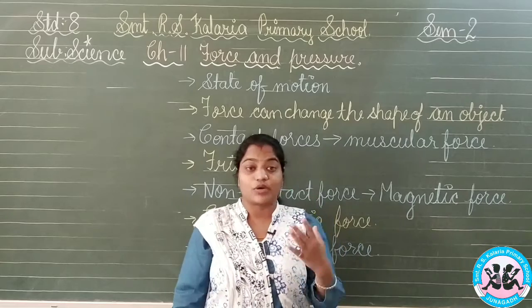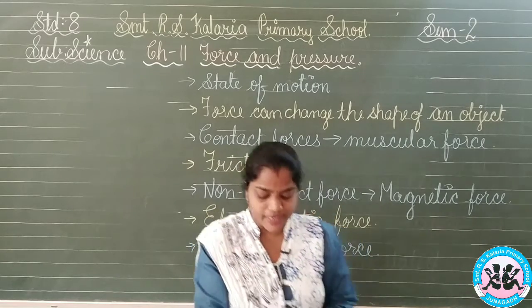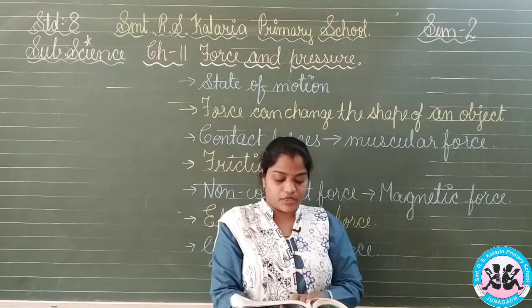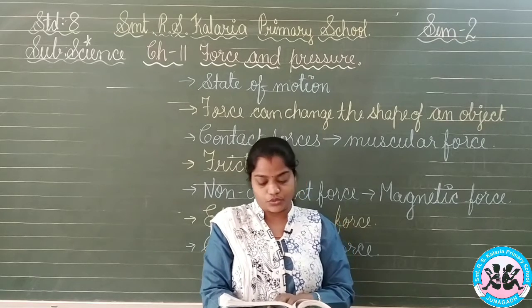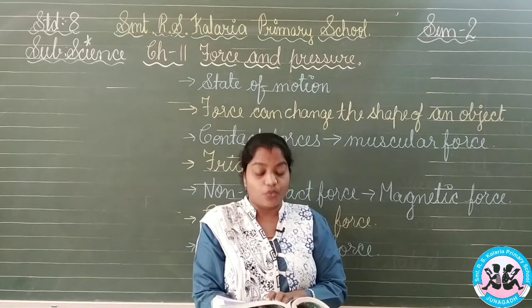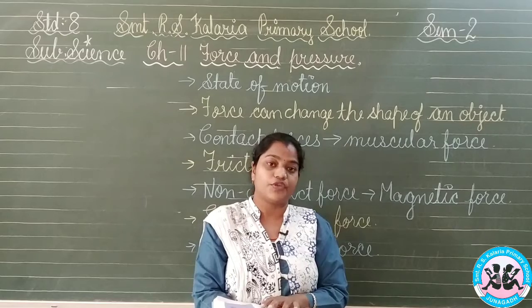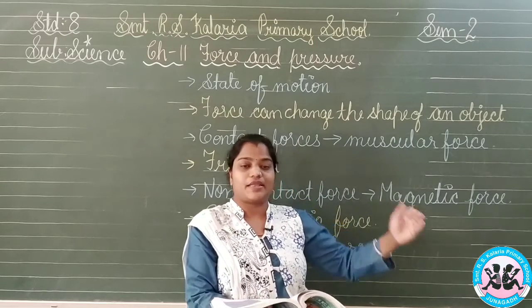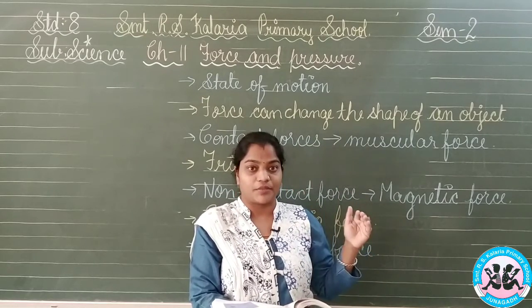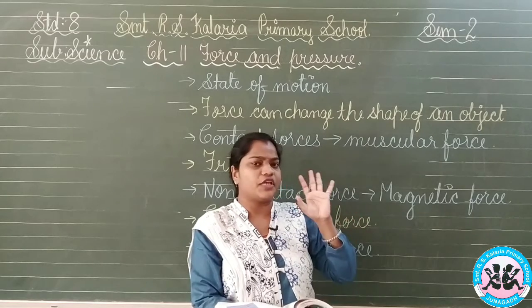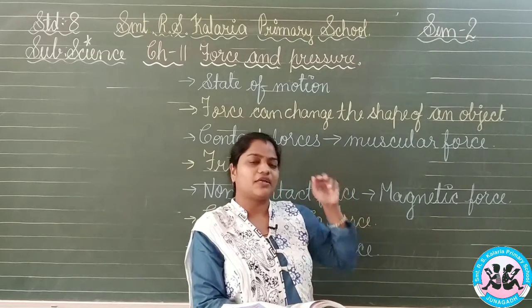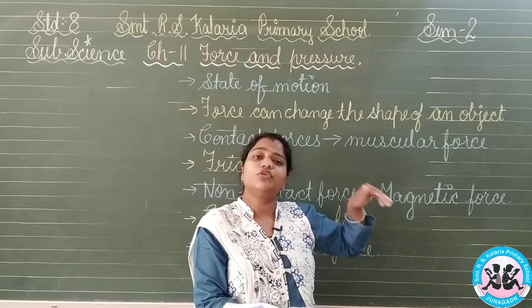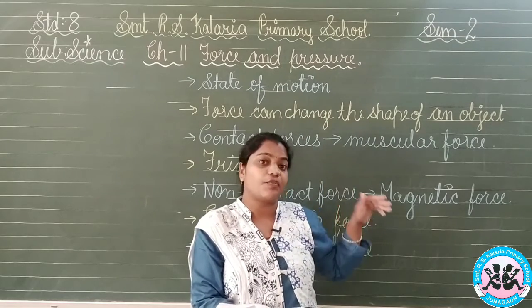So let us understand what this friction is. For example, we have a car or a scooter that comes to a rest once the engine is switched off. You must have seen, when there are sloping areas and you are driving through them, what will happen? You will just switch off the engine and the car or the bike or the cycle is going to move with its own speed, because it is a sloping area.